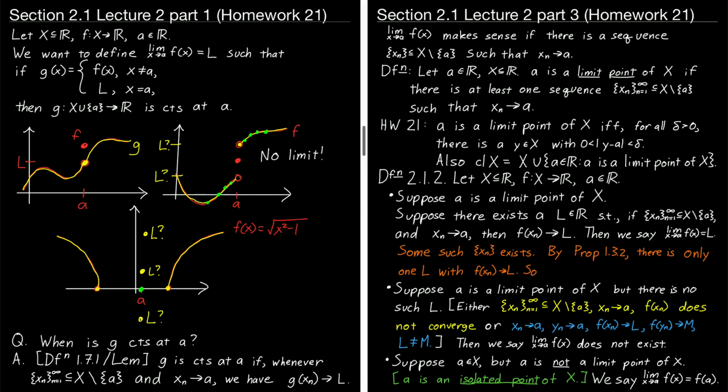Your limit may not exist, but if it does exist, there's only one possibility. You can't have a weird situation where there's two different numbers that both have a solid claim to be a limit. Either there's one limit and only one limit, or there's no limit.